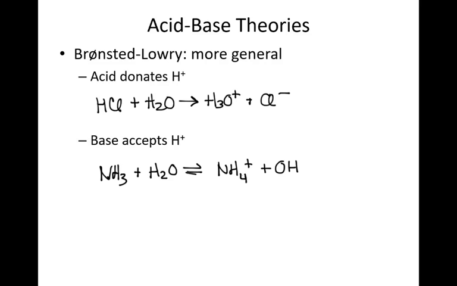And then by accepting an H+ from water, it produces OH-. So you see, the Arrhenius concept and the Bronsted-Lowry concept, they're both getting at the same observations about acids and bases, but they do so in different ways. So for the most part, in Chem 132, we're going to use the Bronsted-Lowry model for how to define an acid and a base.